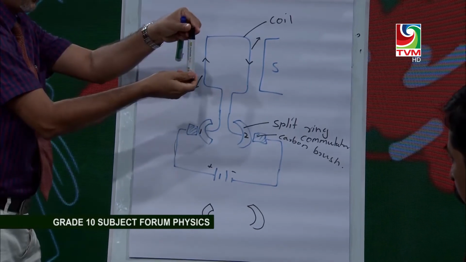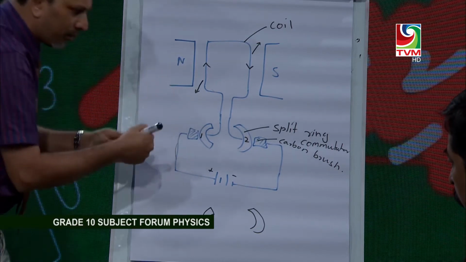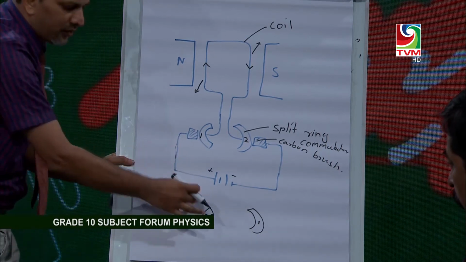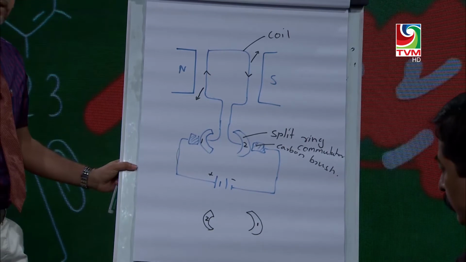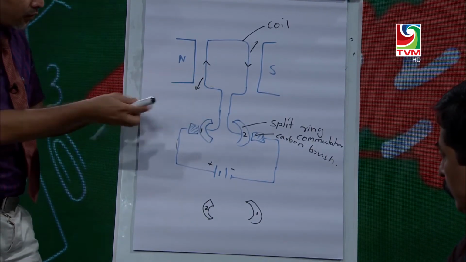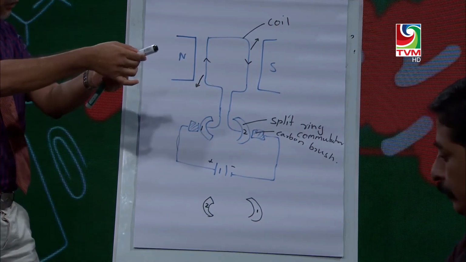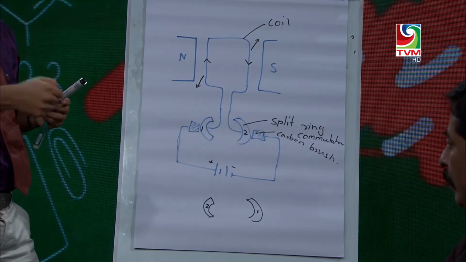After that overshoot, it reaches horizontal position again. Now this one will be here, this one will be here. So again the commutator touches the carbon brush, so again there is current in the coil. Because of the force on the coil, one side will move up and another side will go down. So the coil continues its rotation in the same direction.